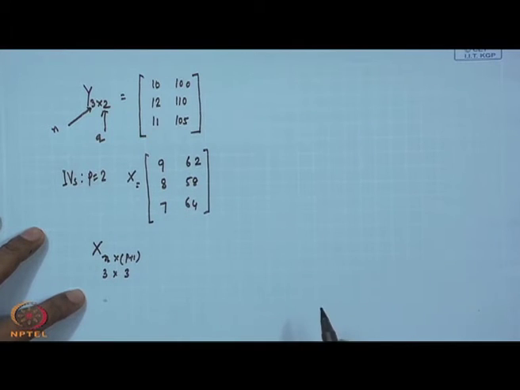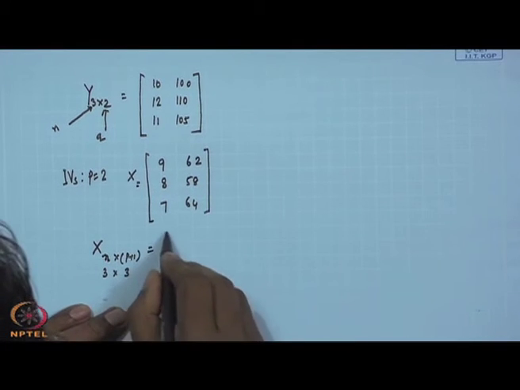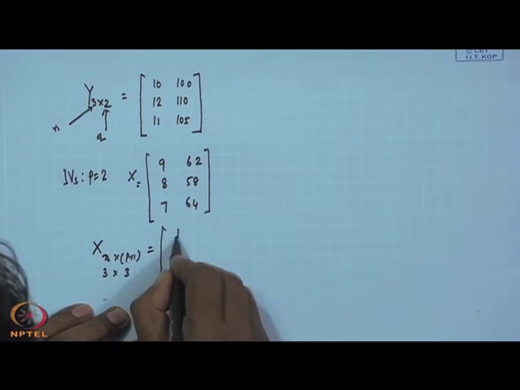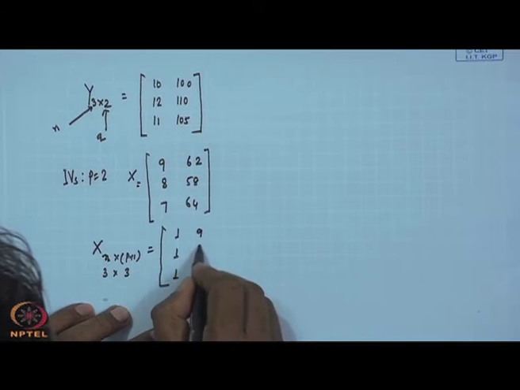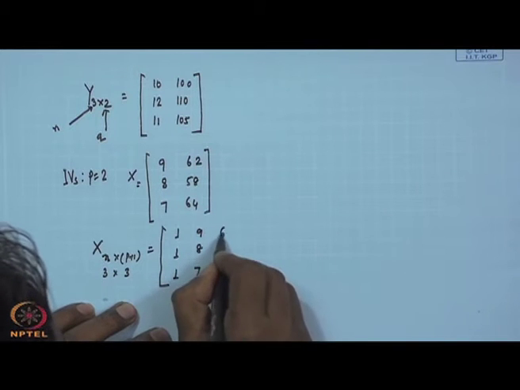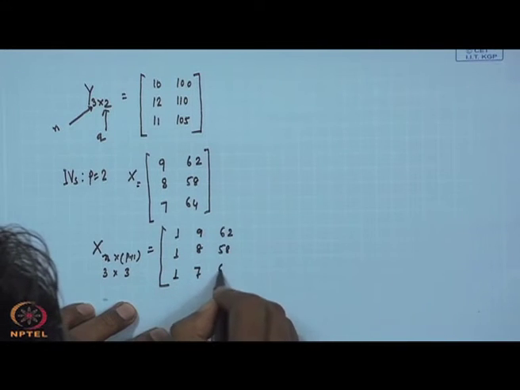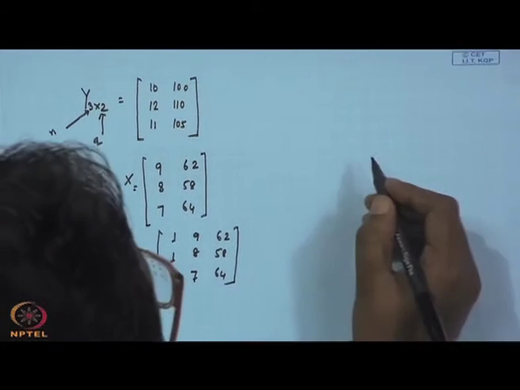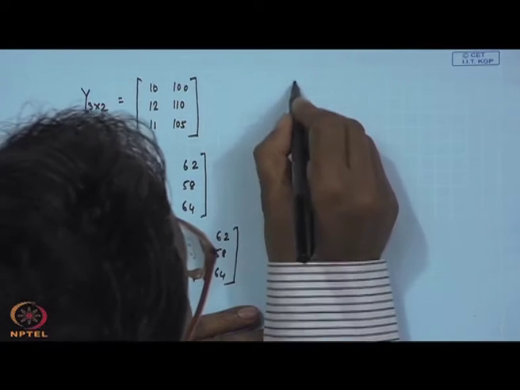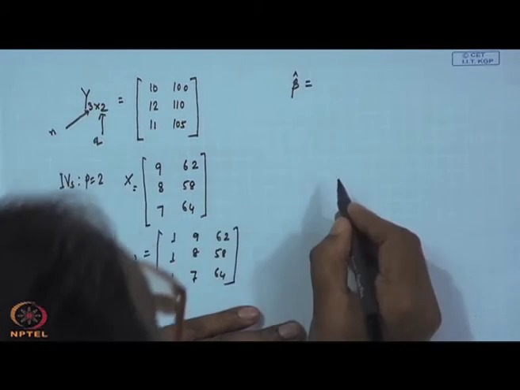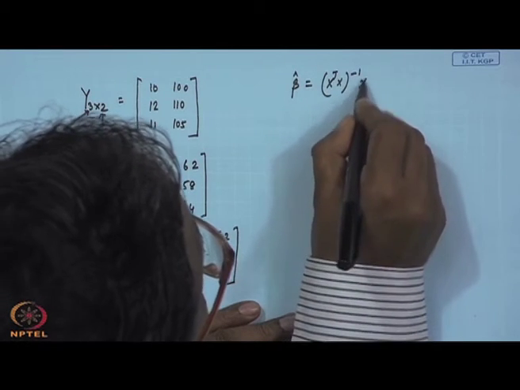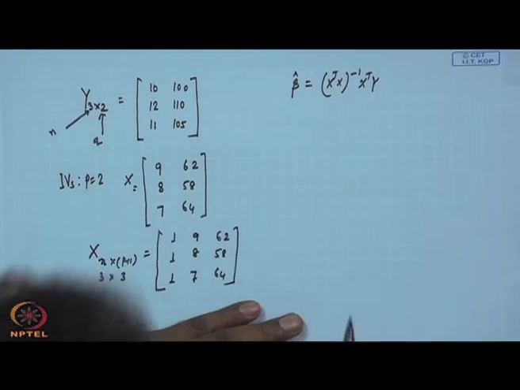So this one is 1 1 1, that is for the constant term, then 9 8 7 and 62 58 and 64. So what is our beta estimate? Beta estimate is beta cap equal to x transpose x inverse x transpose y.